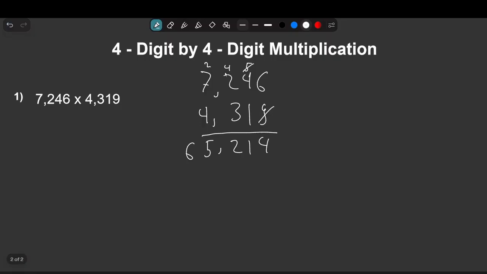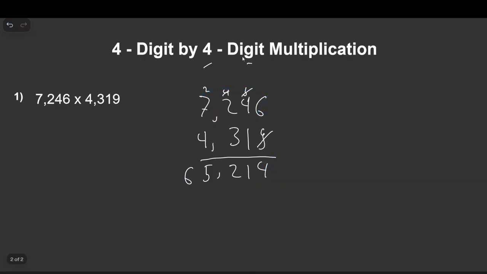We're going to cross all of the numbers we have already used. Also, I'm going to move this down a bit so we don't get confused. So we have crossed all of these numbers up so we stay organized.